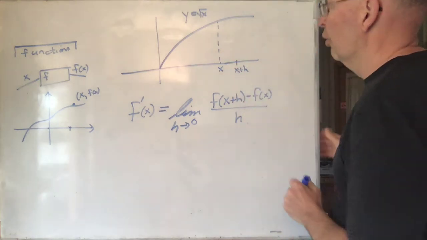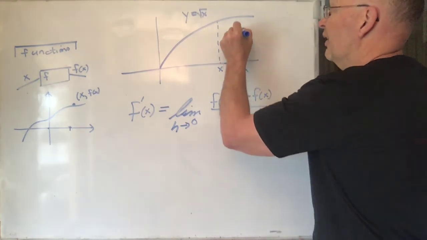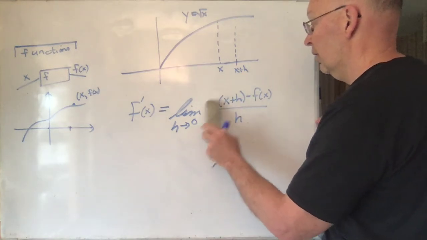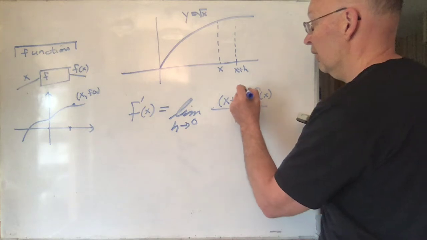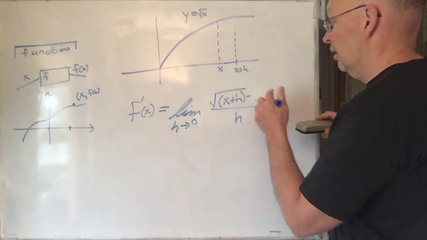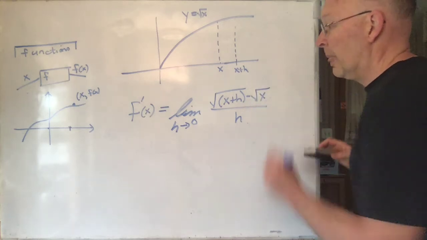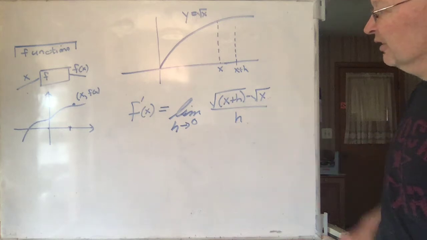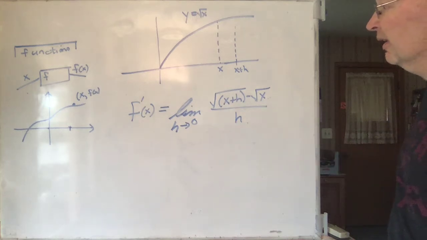And so you do the same thing here. Now this is going to become the square root, and this is going to become the square root. And then you need to actually figure out some way to evaluate that thing.